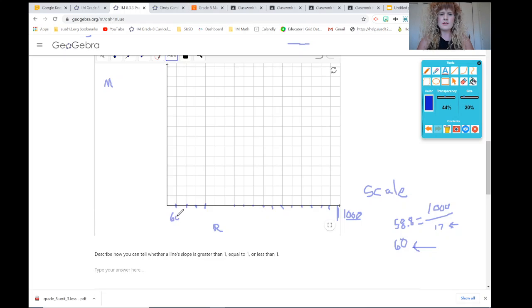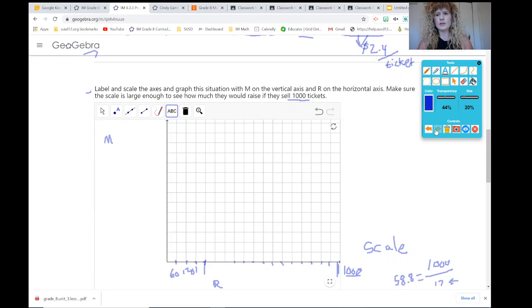This is 60. This is 120. This is 180. This is 240. You need to use the text tool to put these on the graph. Let me help you with that, after I erase my purple marks here.